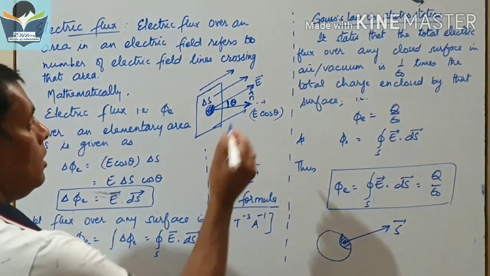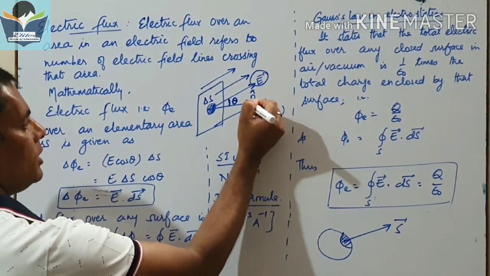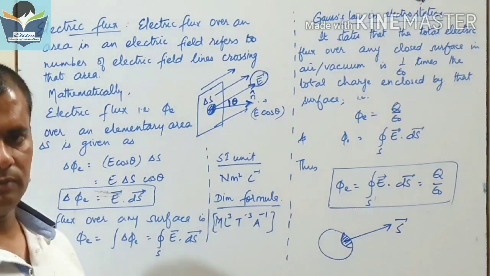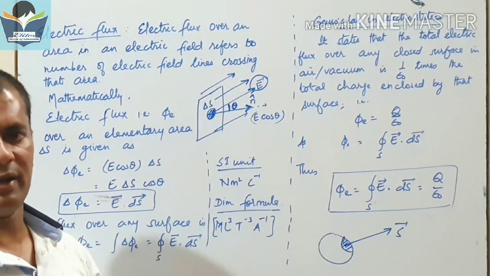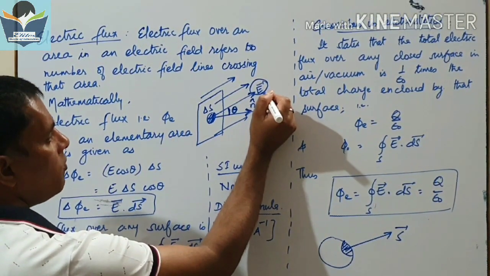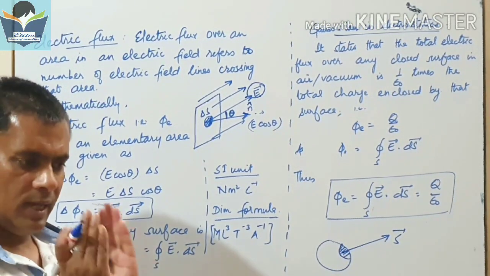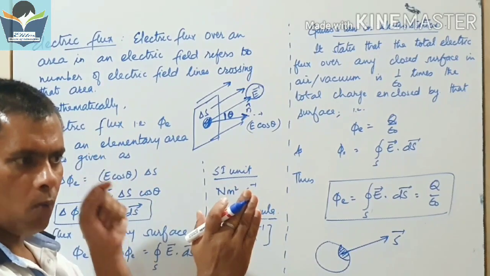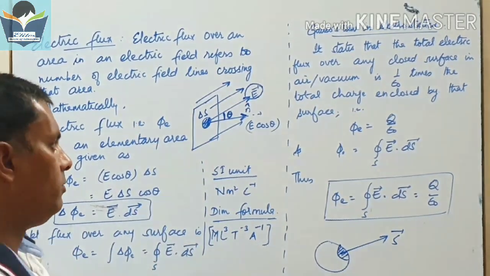We identify the component of the electric field along the direction of the area vector, or vice versa. We could identify the area component along the direction of the electric field, but we prefer to find the component of the electric field along the direction of the area vector. That means in the direction of the area, how much effect of the electric field will be effective.